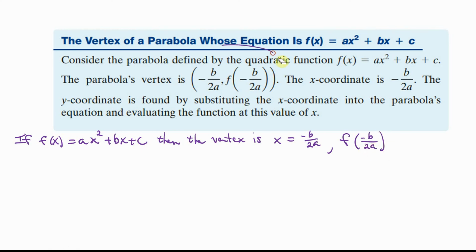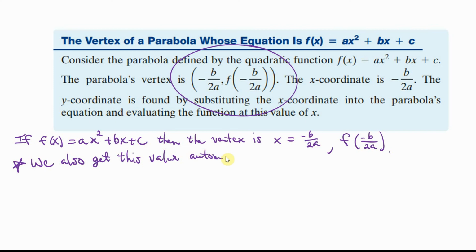This was the guy that I was saying, if you can remember that. If you can't, then I complete the square. So here's the note. We also get this value automatically by completing the square.